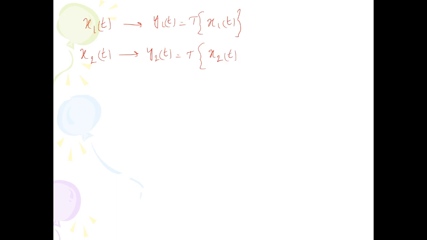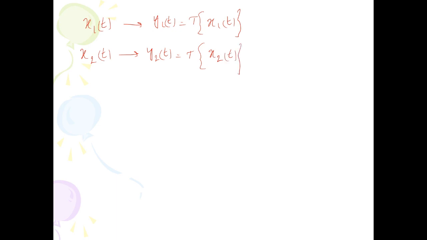A system that does not obey superposition theorem comes under nonlinear system. Whenever you apply x1 of t as input, output is y1 of t, which is nothing but the transformation of x1 of t. Then apply another input x2 of t, output is y2 of t, which is nothing but the transformation of x2 of t.